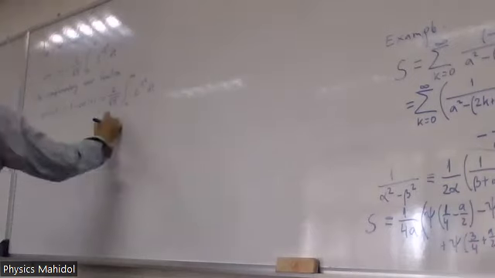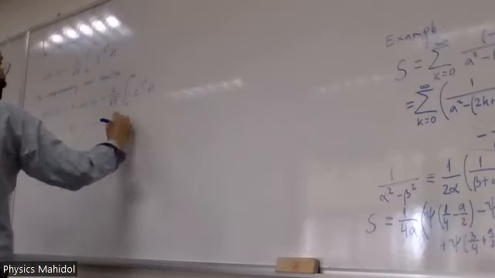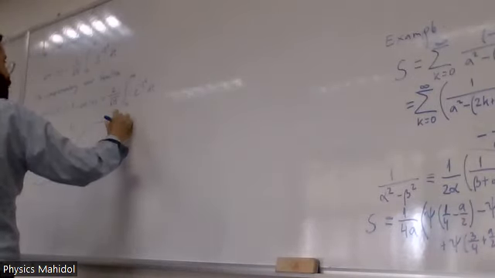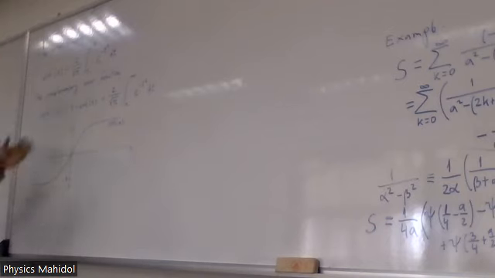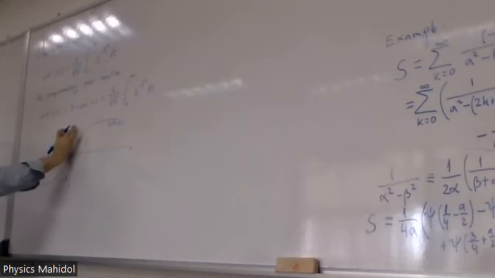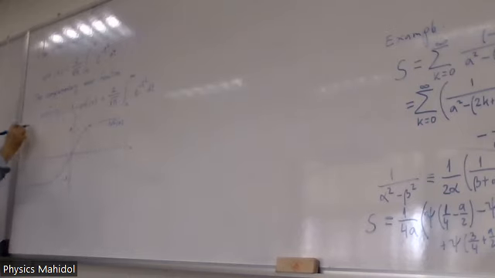The complementary function, as you can see, is just 1 minus this. So when x is negative, it actually starts at 2. This is 1, this is 2.